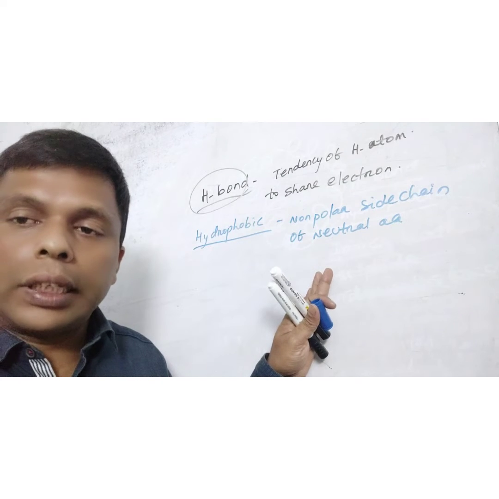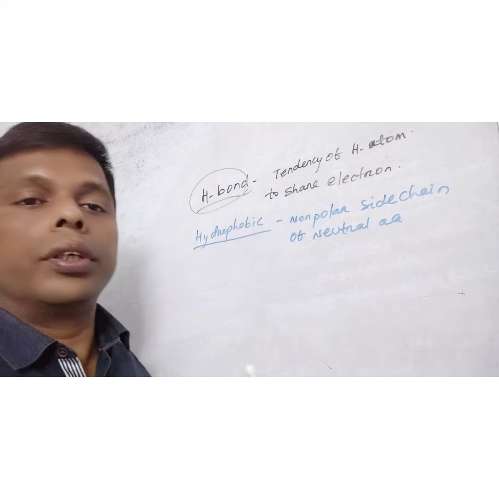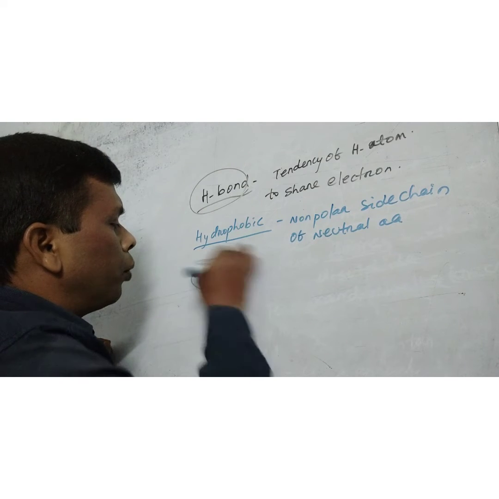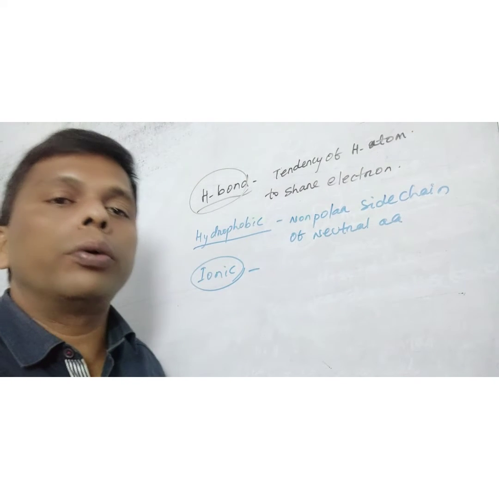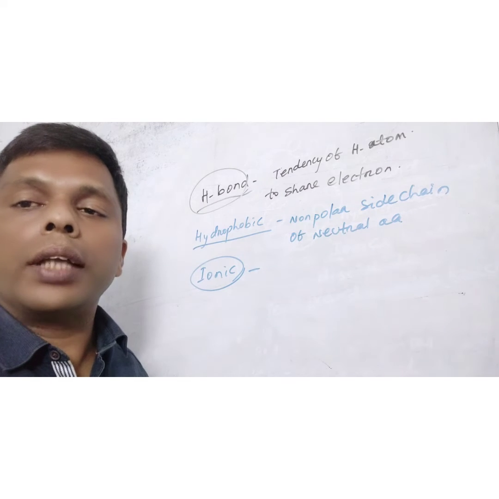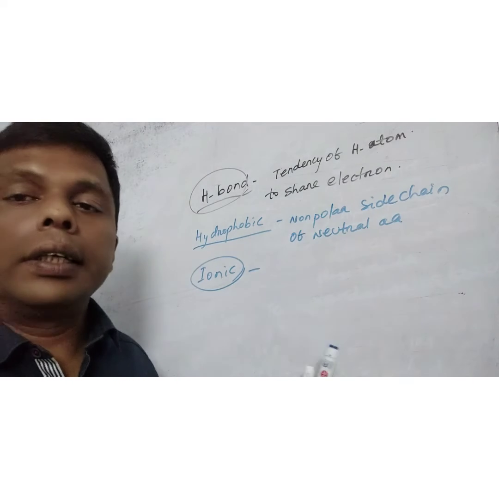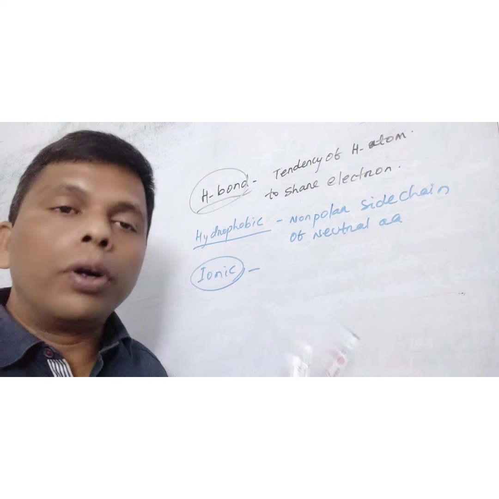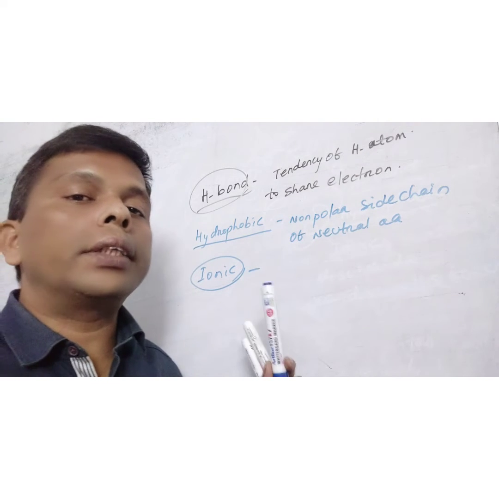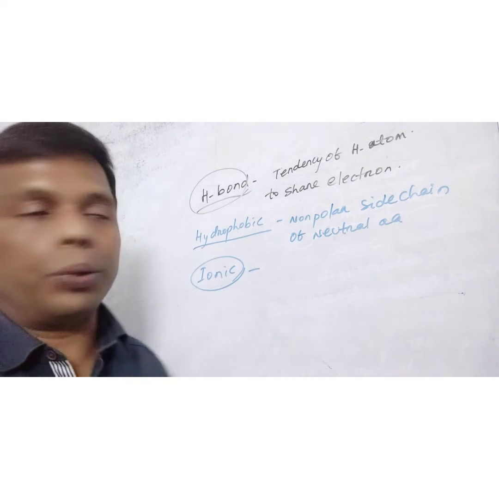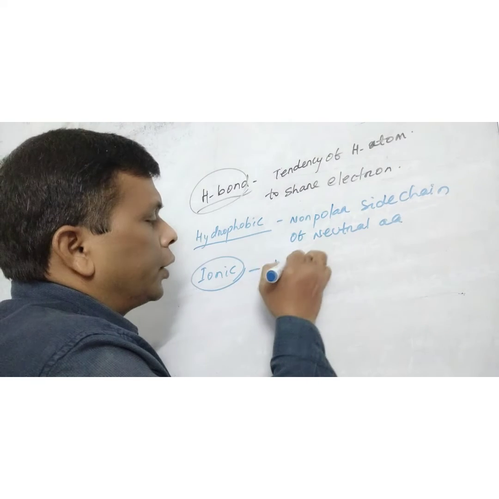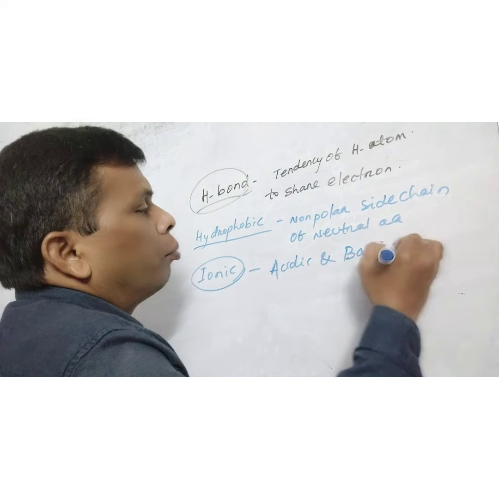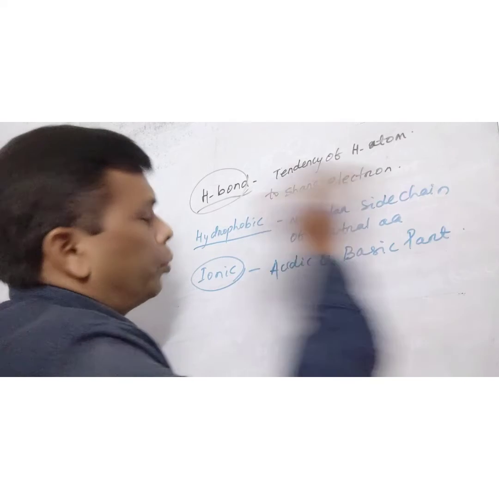This attraction is the hydrophobic bond. Then comes another bond, the ionic bond. We know the ionic bond is otherwise called a salt bridge. It is the attraction or bond formed between the acidic and basic parts of amino acids.